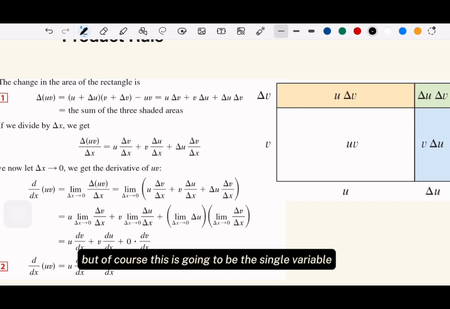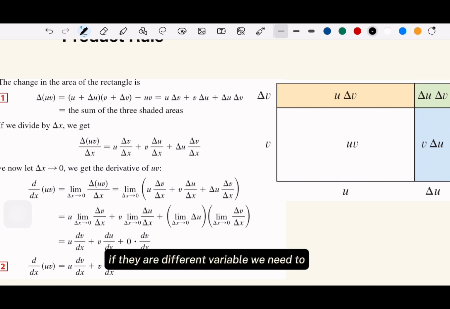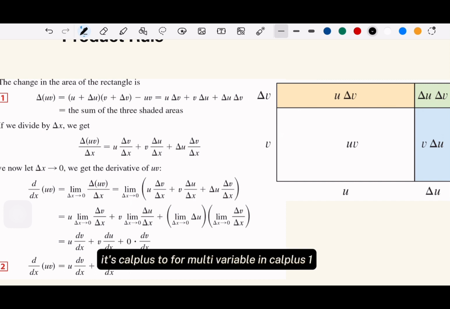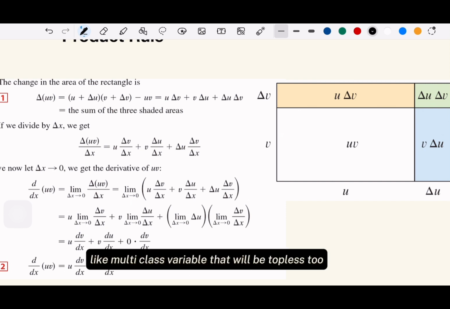But of course, this is for a single variable, so both are functions of x. If they are different variables, we need to take another course, calculus 2, for multivariable. In calculus 1, we only deal with one variable x.